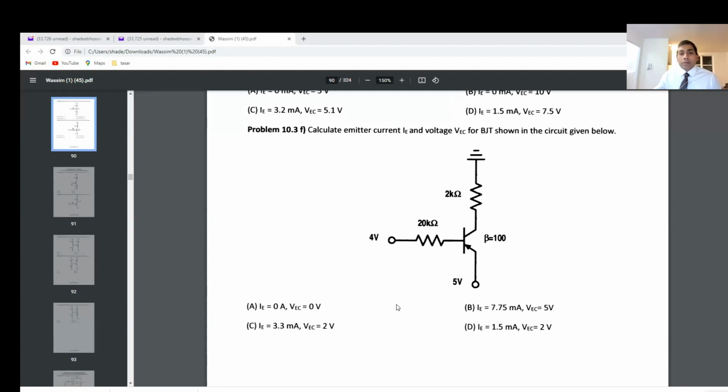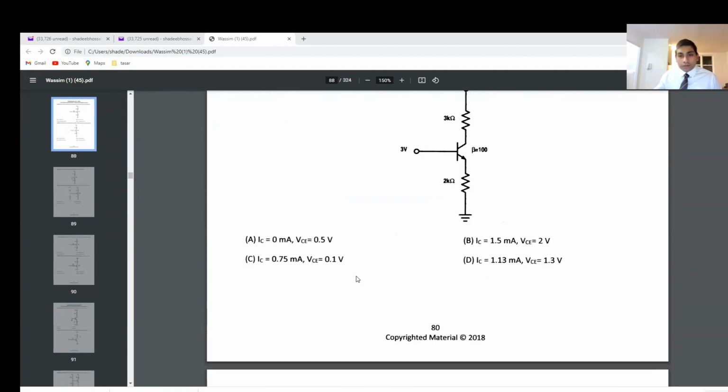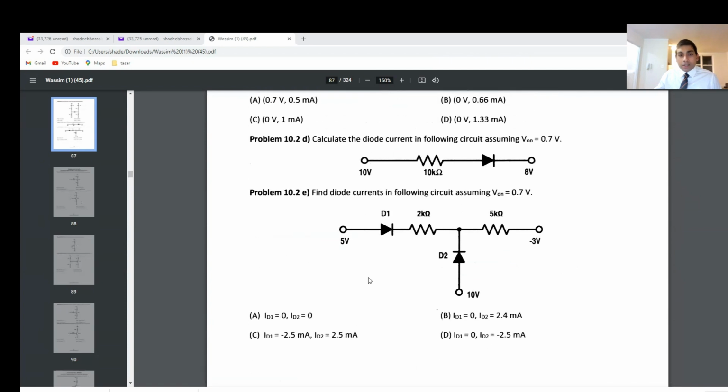Let me stop the video for a minute. Okay, so let's share the screen again. So our question was this one. Not this one, it was this one. Find diode currents in the following cases. So they're basically trying to figure out how much current is in D1 and in D2. So the solution is given like this.